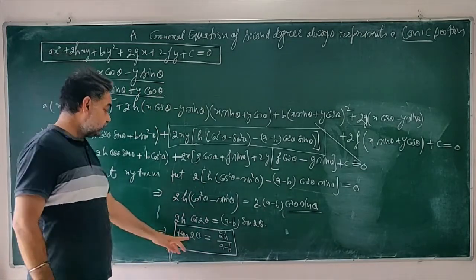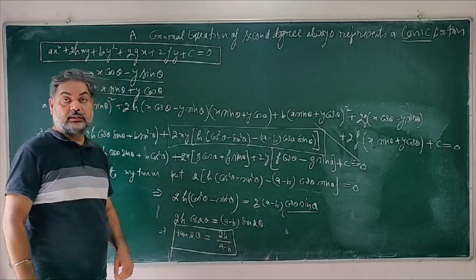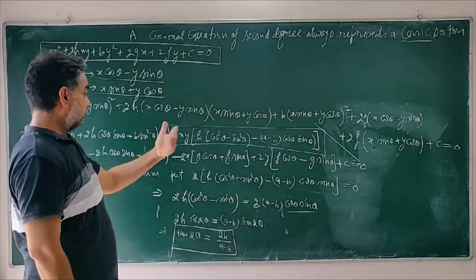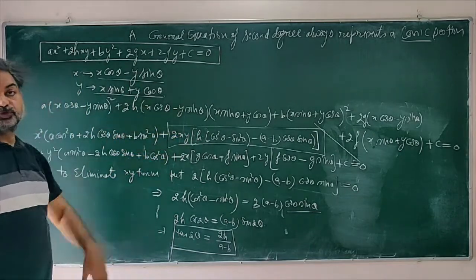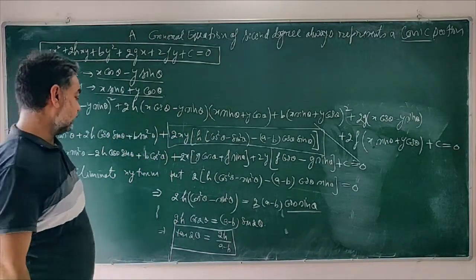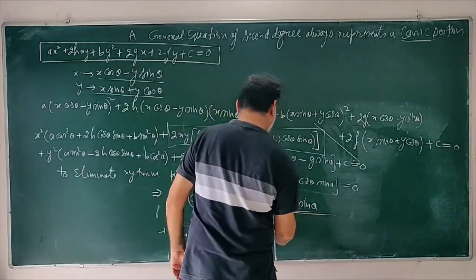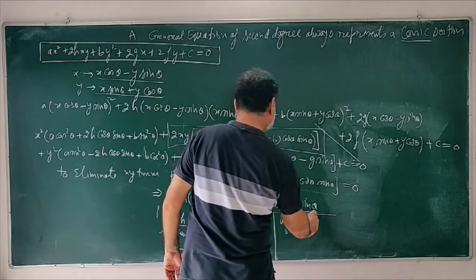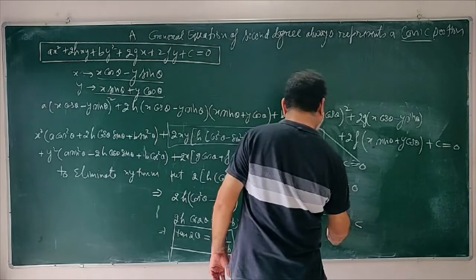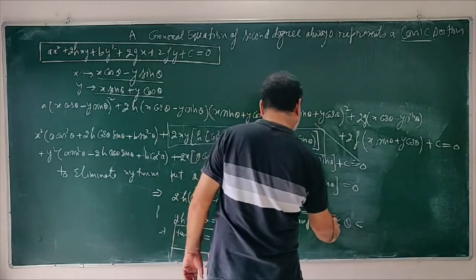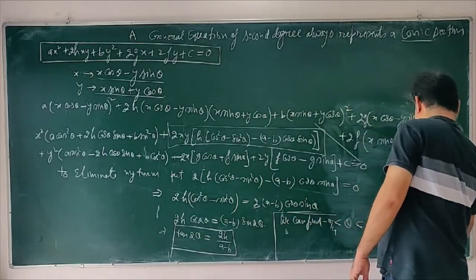That means if you find such an angle theta for which tan 2 theta is equal to this, and if you put that value of theta in this equation, then the xy term would get eliminated. So we can find theta lying between minus pi by 4 and pi by 4 if a is not equal to b.